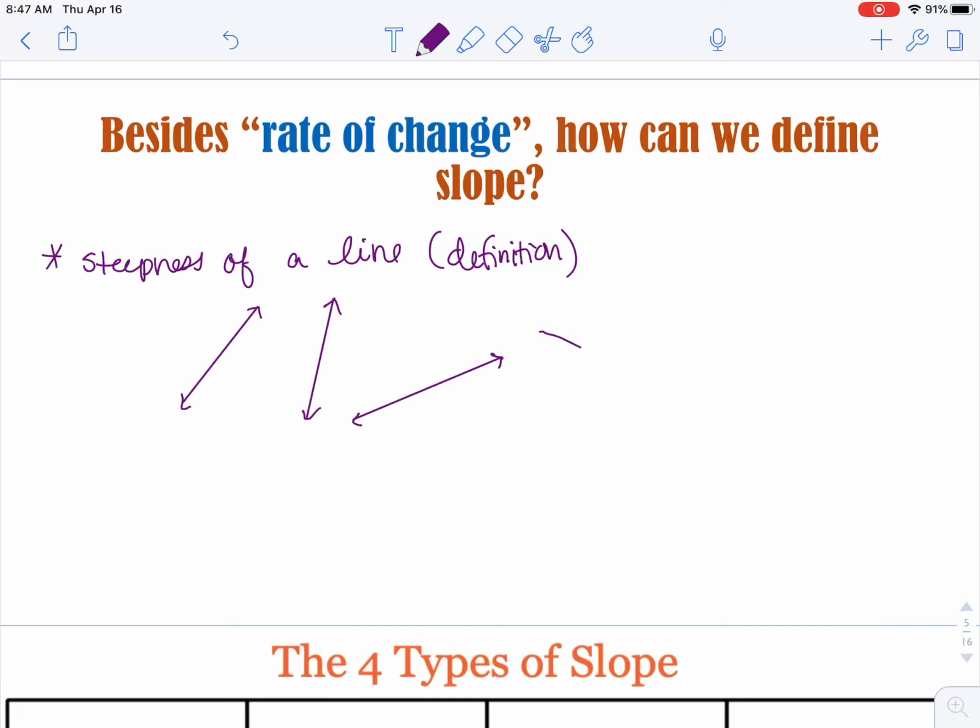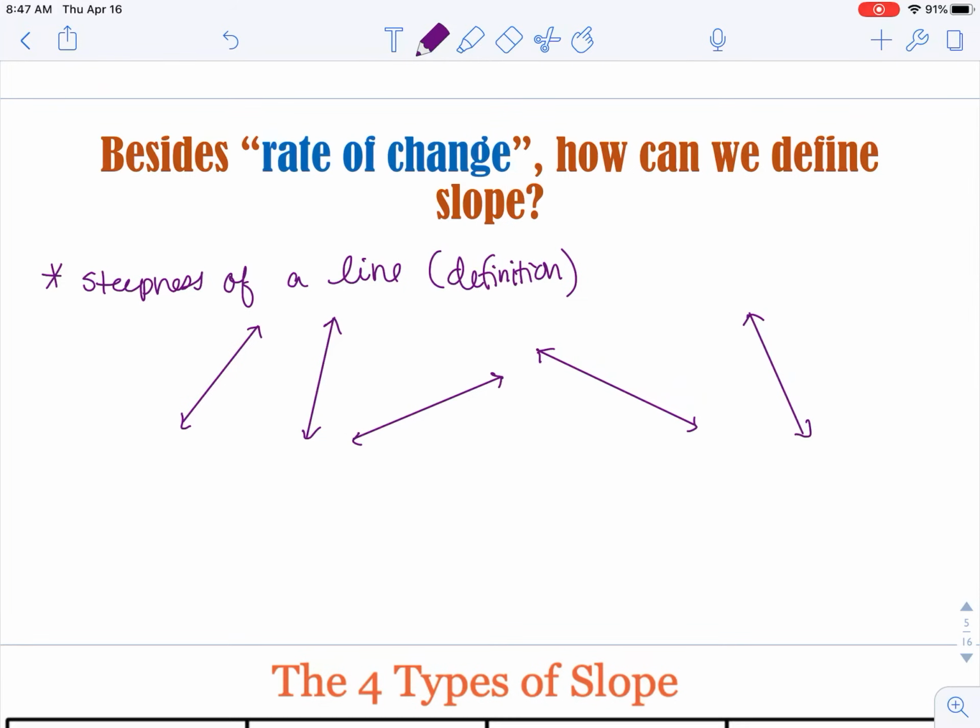If we look at a downhill, that wouldn't be too bad, but it would get fast quickly. If I was going downhill like this, that's very steep. I definitely wouldn't want to fall down something like that. That's actually still kind of steep, but we can have a not so steep downhill as well. And that's the steepness of a line.